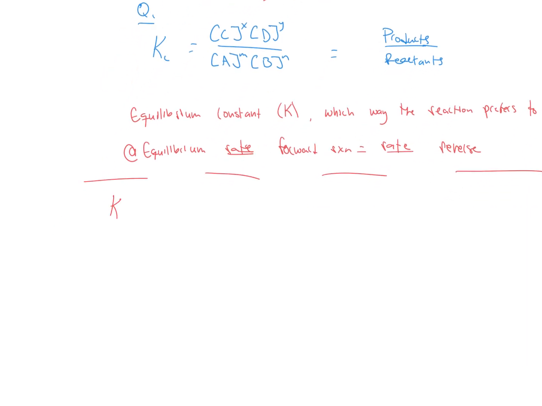Let's say K is much, much lower than 1, right? And if I'm going to say a specific number, if it is less than or equal to 0.001. If you do the math out and K is less than or equal to 0.001, the reaction barely proceeds forward.